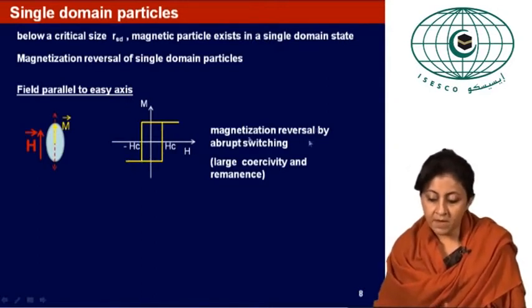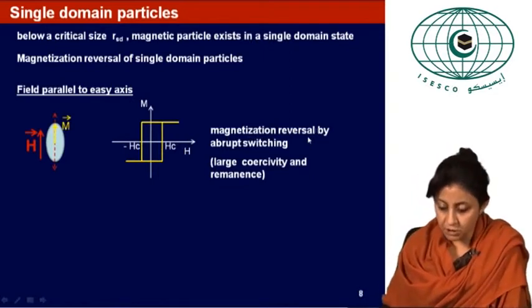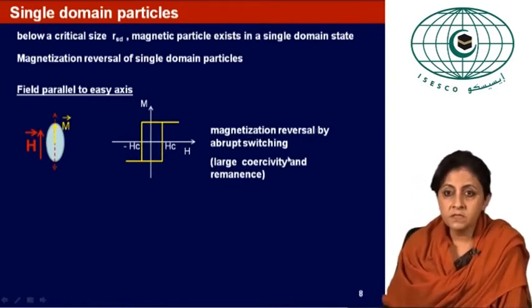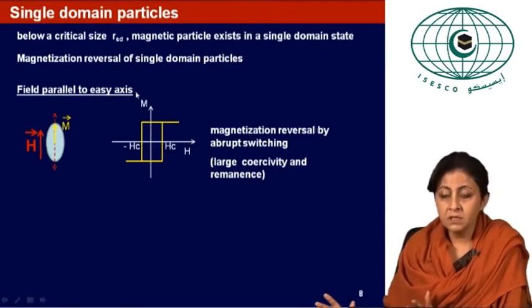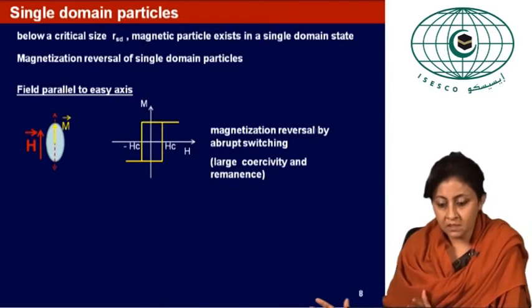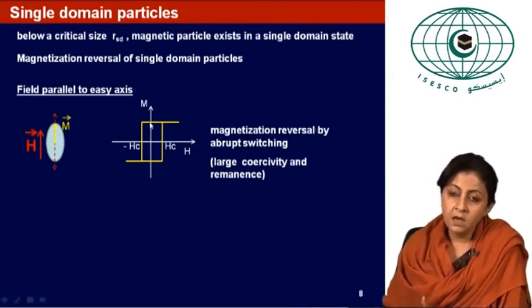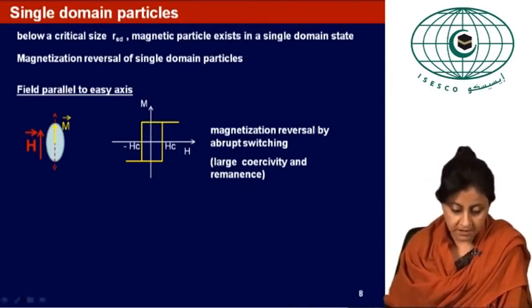So in this case you have magnetization reversal by abrupt switching, and there is a large coercivity and remanence. And you can see that this has applications, particularly when you want to make hard magnets. You want single domain particles because you can obtain large coercivities and large remanences.